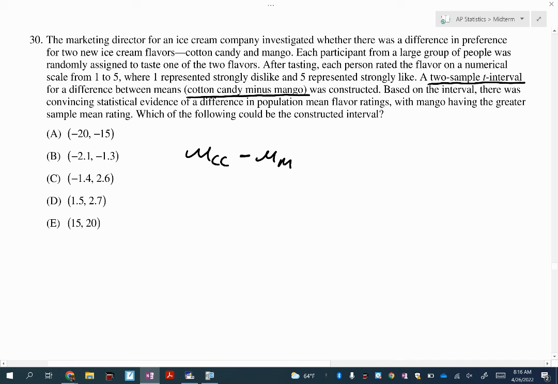It says there was convincing statistical evidence of a difference in the population mean of these flavor ratings. If we assume there's no difference, what happens when you subtract these means? You get 0. So if there is a difference, statistically, what should I not see in my interval?